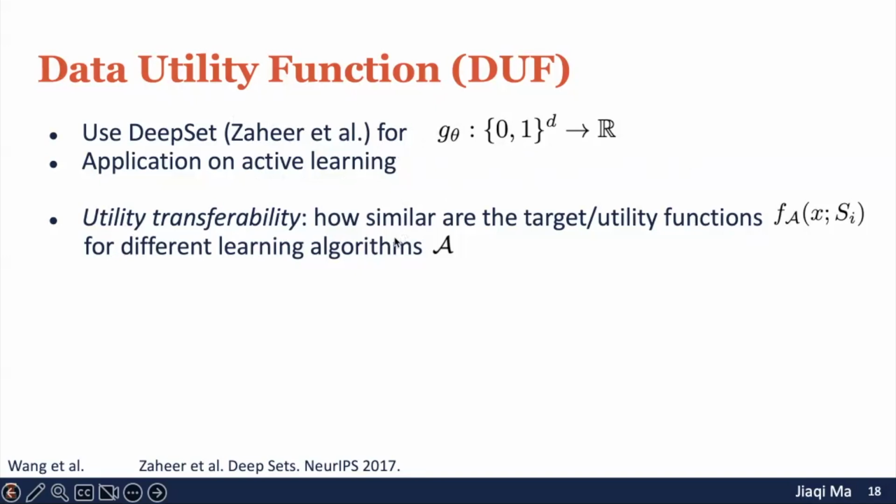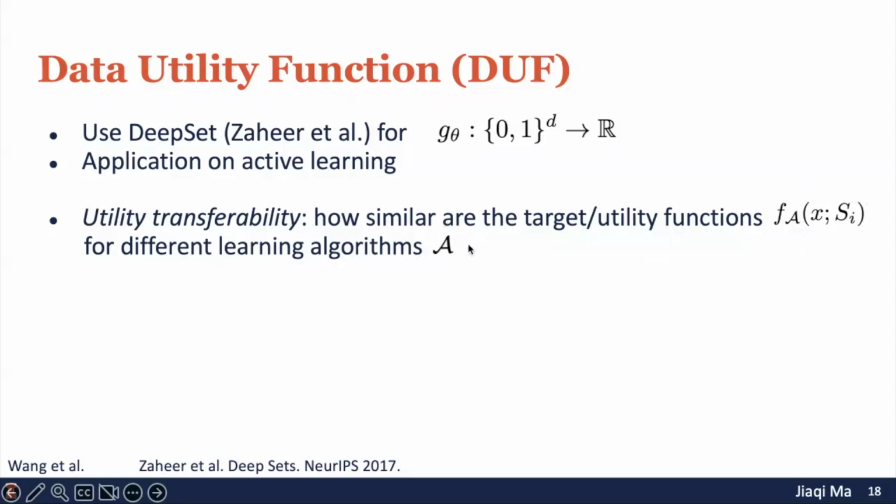Another interesting concept introduced in this paper is utility transferability. This is about the question: how similar are the target functions, or utility functions F, for different learning algorithms A? Essentially, if some training data points are important for one learning algorithm, will they also be important for other learning algorithms?